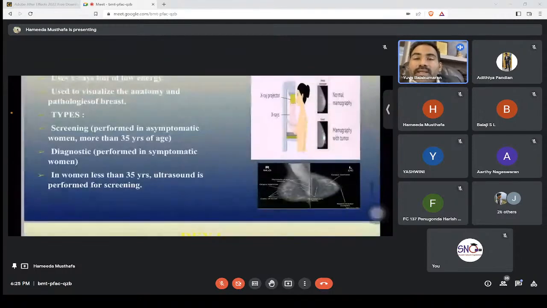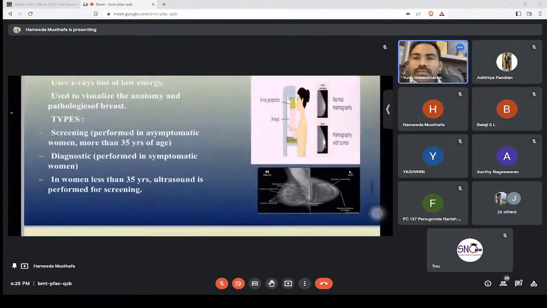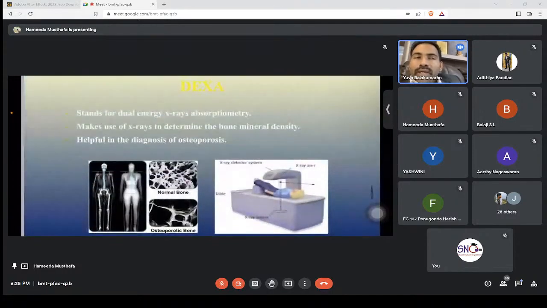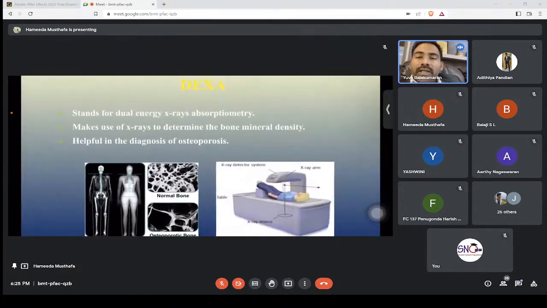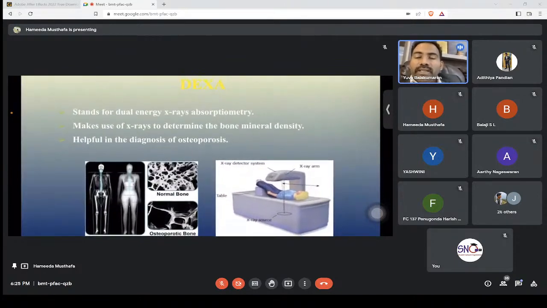Then we'll move on to DEXA scans. Nowadays nobody is going in the sun, and everyone has a lot of vitamin D deficiency and calcium deficiency. To look for bone density, we use DEXA scans. It stands for dual energy X-ray absorptiometry. It makes use of X-rays to determine the bone mineral density.